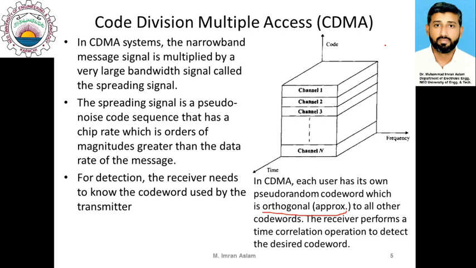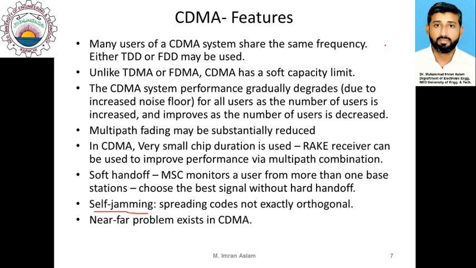These orthogonal codes sometimes are not exactly orthogonal, and when they are correlated with the signal, the result may not be as low as needed. So whenever we do not have exactly orthogonal codes, we may have some interference from the other signals, which causes this self-jamming.